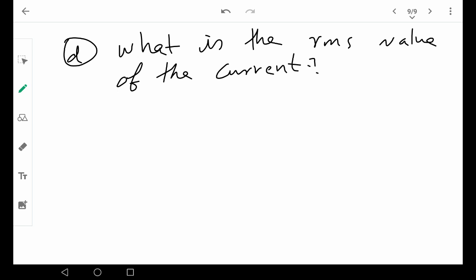That's the fourth question. You see, RMS value is given by, you can write it as I RMS equal to Im divided by root 2.